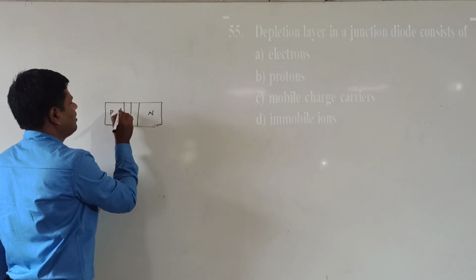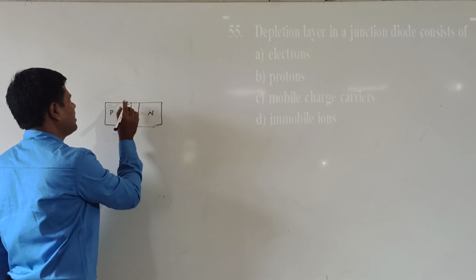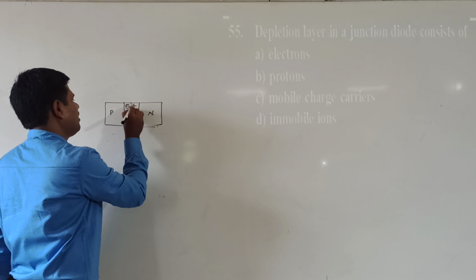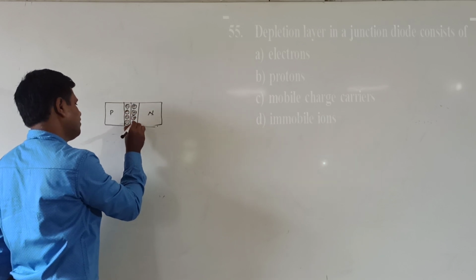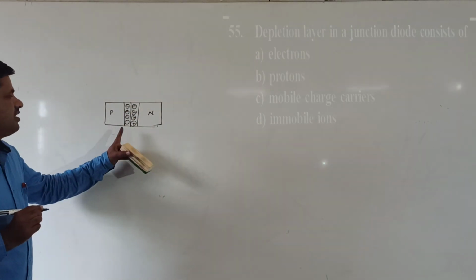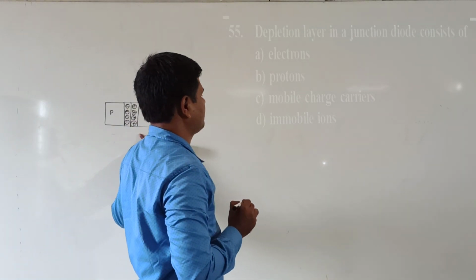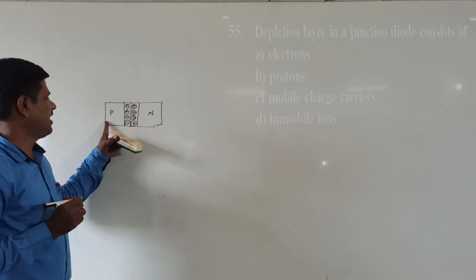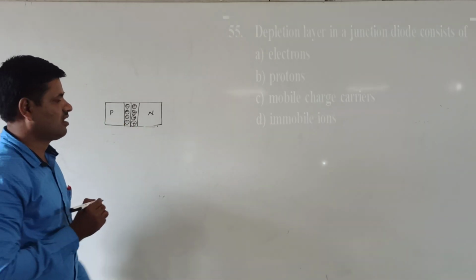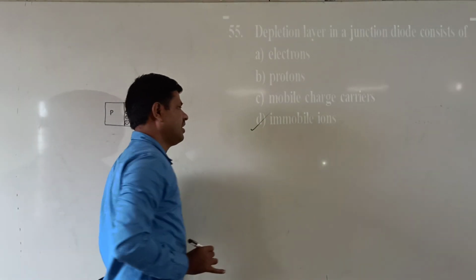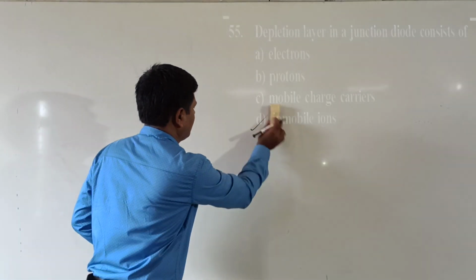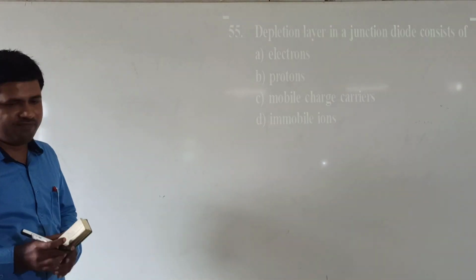These positive and negative ions are not moving, so they are called immobile ions. This is our question number 55.